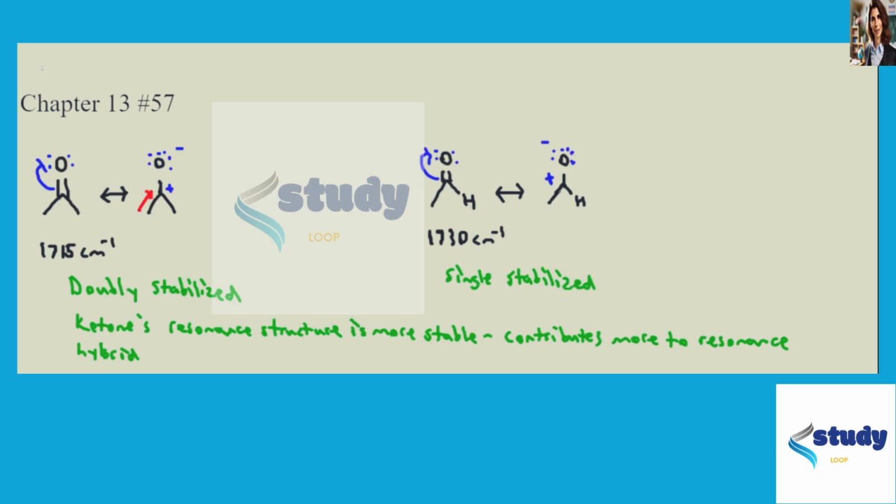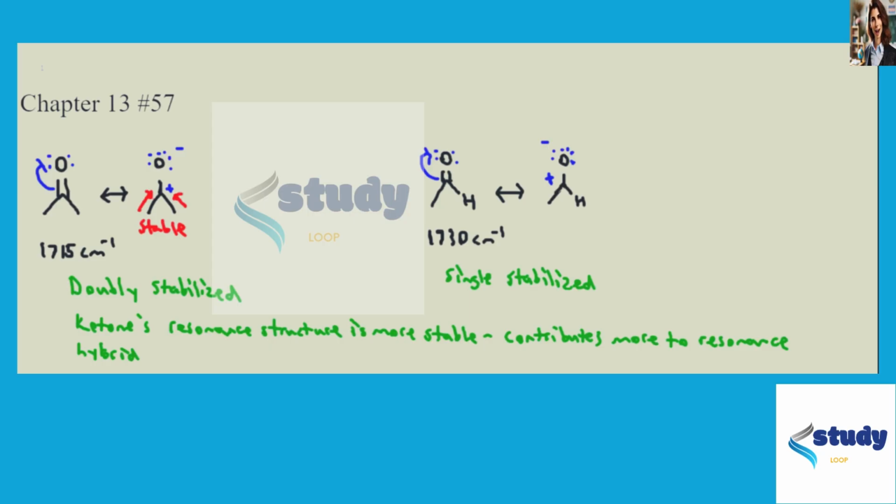And so these carbons are going to act as electron donating groups, and they're going to donate electron density towards that positive charge in this resonance structure. And so this is going to stabilize this resonance structure. So that's a somewhat stable resonance structure.